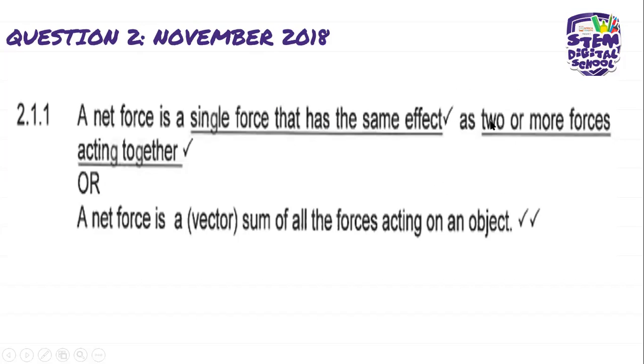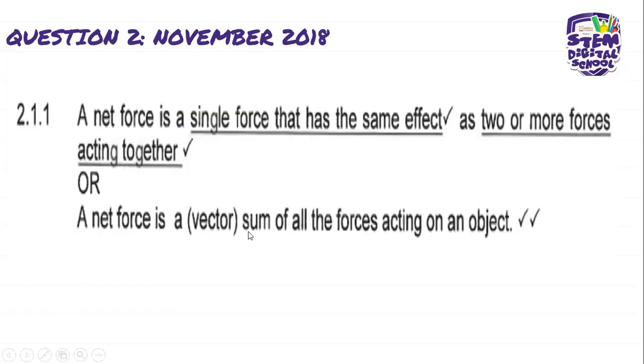So the forces that could be acting could be 2 or more forces acting together. Or simply, it is the vector sum of all the forces acting on an object. So that is when you will be taking all the forces acting on an object and you will add them, based on their different directions.